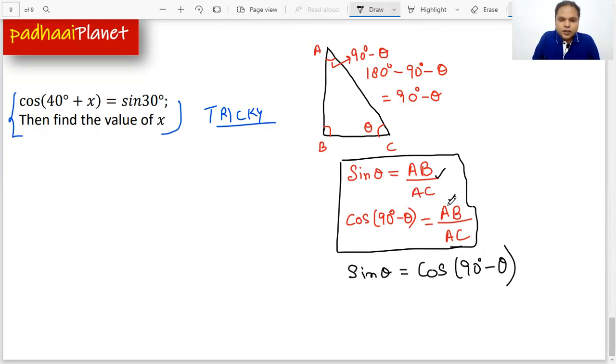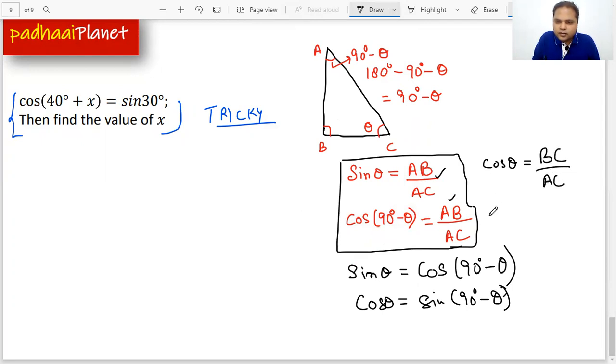Similarly, we can also say that cos theta is sine(90 degree minus theta), because if we find out cos theta from here, cos theta will be BC over AC. Similarly, sine(90 minus theta) will also be equal to BC over AC.